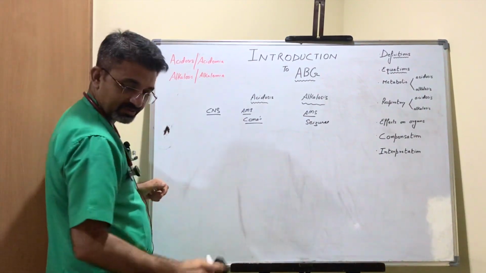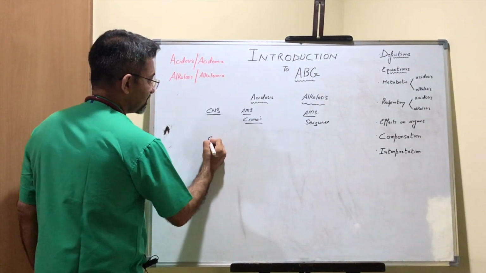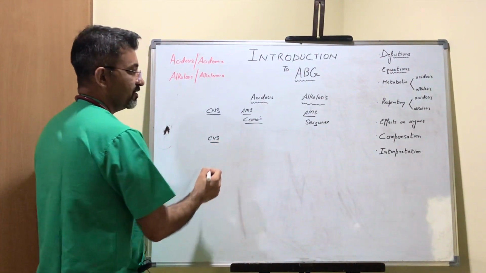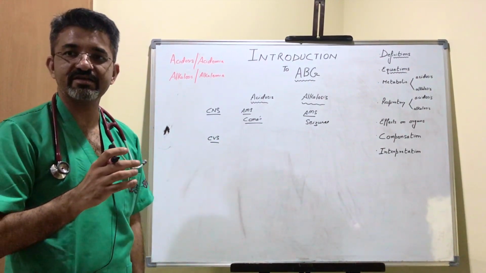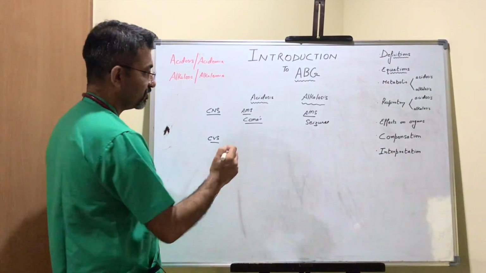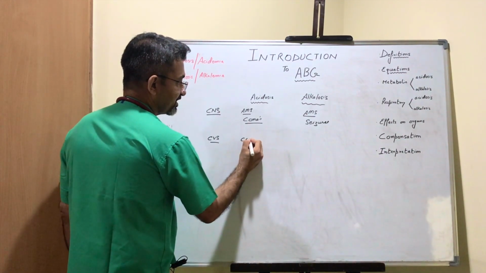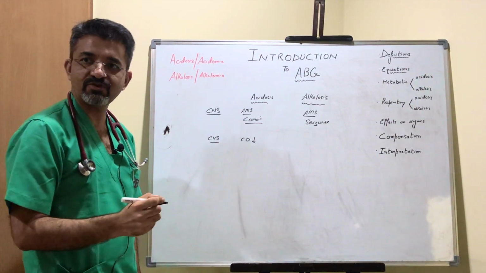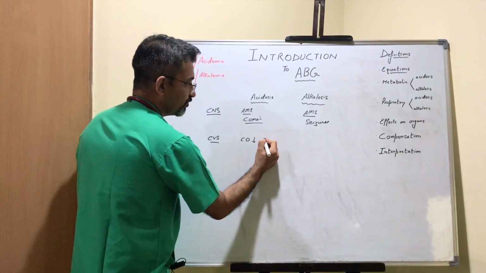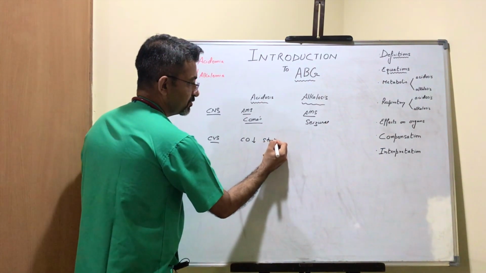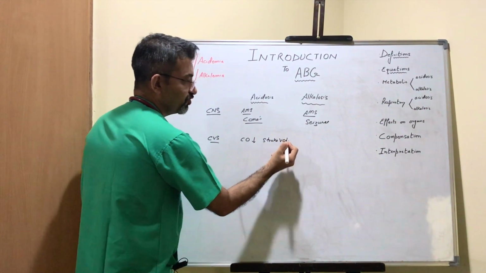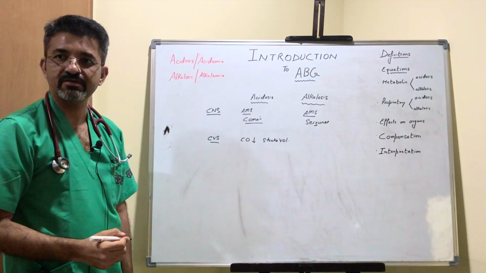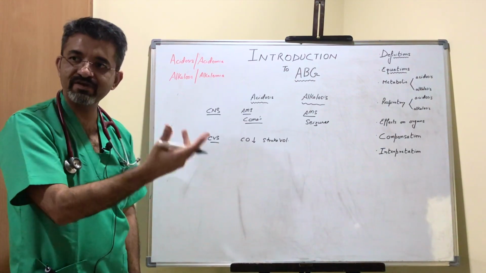If we talk about CVS, cardiovascular system, acidosis affects our myocardial contractility. So your cardiac output decreases. If your cardiac output decreases, your stroke volume decreases. If your stroke volume is less, your output will decrease.